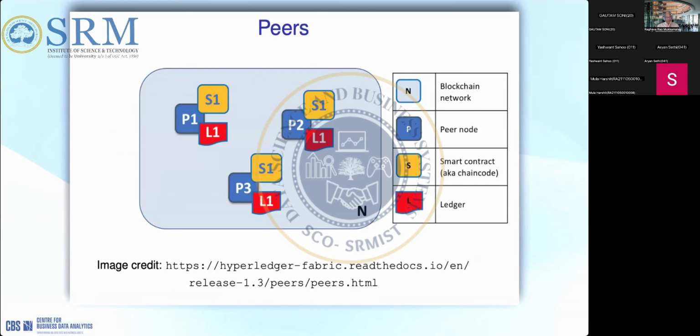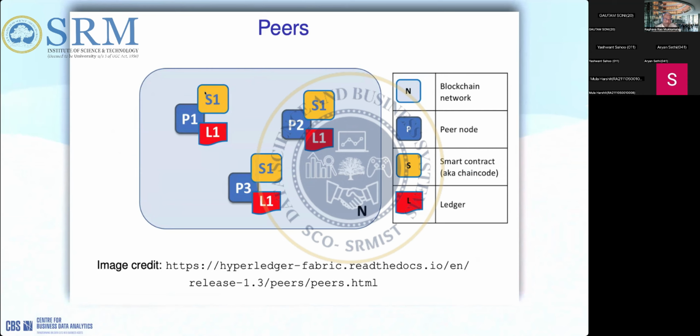And then you have the peers. Peers are nothing but nodes which run the blockchain. So these are the peer nodes, and you have the smart contract. We also call it the chaincode.